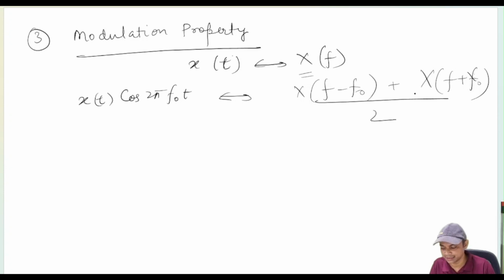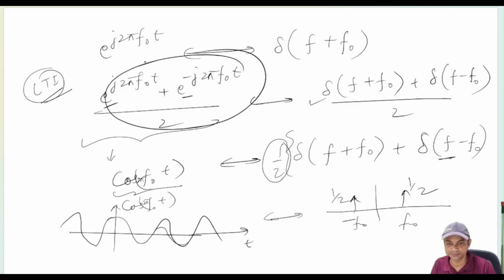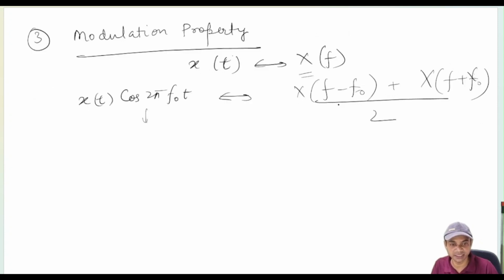I hope it is clear, because we can write it in that form. We just multiply by cos 2 pi f naught t, and it will provide shifting in the frequency domain, plus f naught and minus f naught. Same thing we have written here.